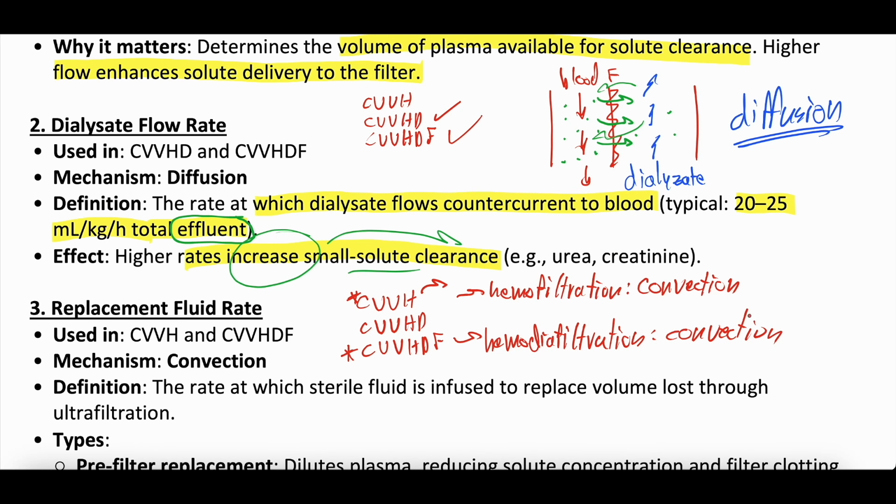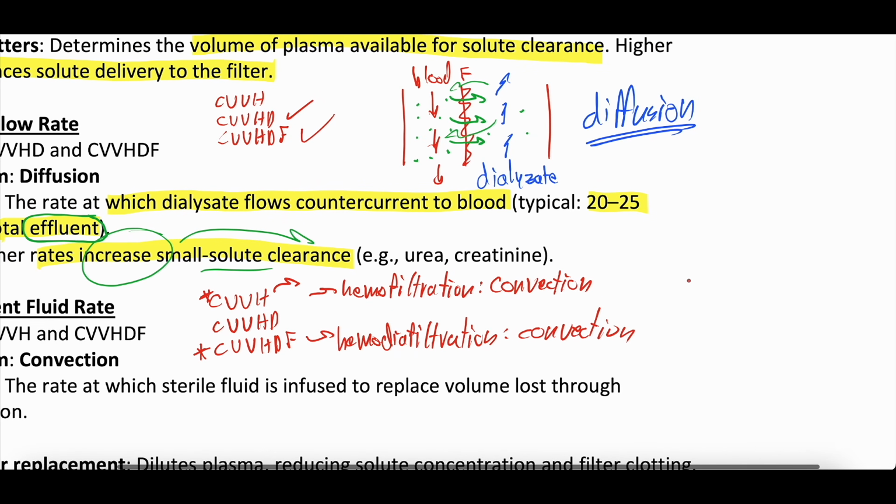So the convection modalities, if we're drawing a similar picture, you have blood flowing through one part of the dialysis circuit, you have a filter, and as your blood is flowing, some weird pop-up came up, apologies. As your blood is flowing through the dialysis circuit, this filter has very small little pores in it.